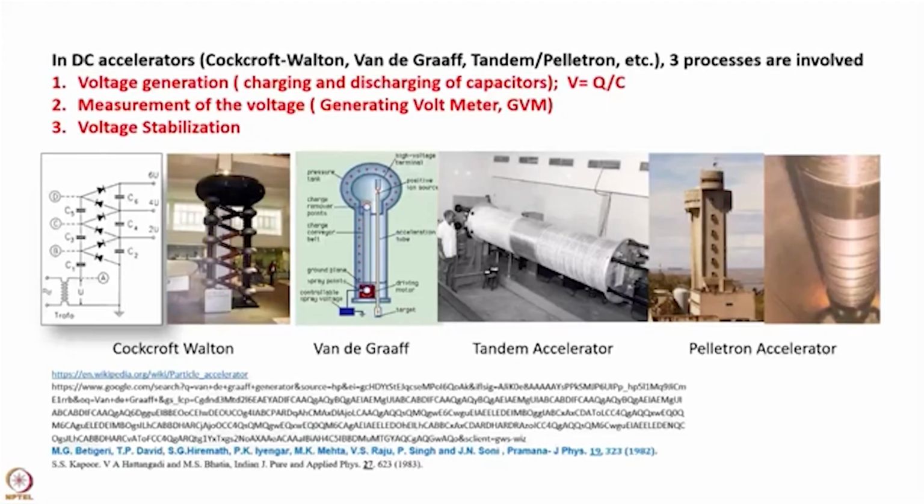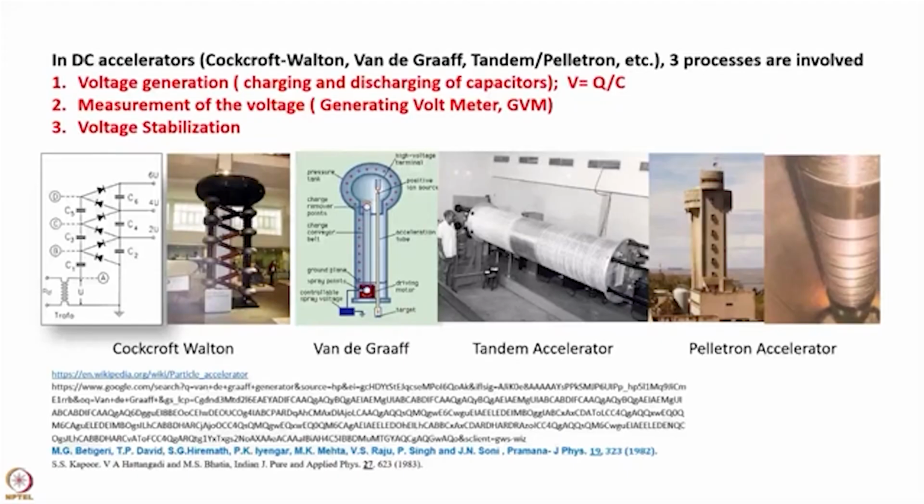So it has to be corrected, and these are some of the systems. For example, this is Cockcroft-Walton, and this is shown the picture of that 1 million volt Cockcroft-Walton at the Tata Institute of Fundamental Research.